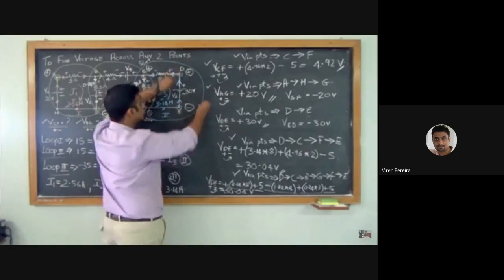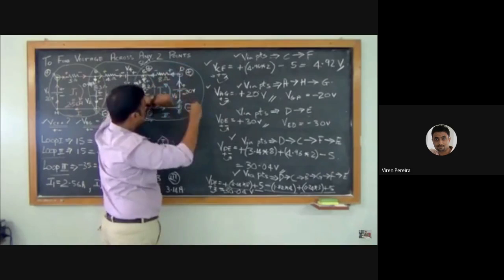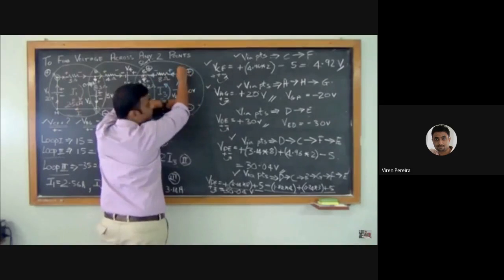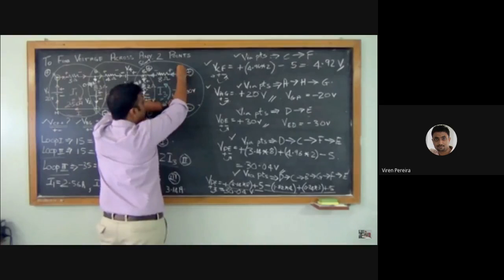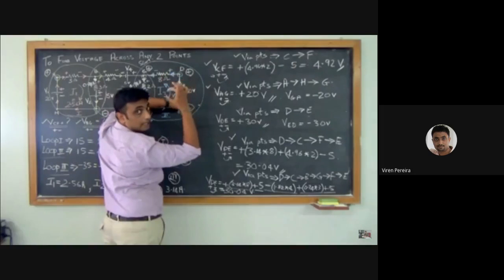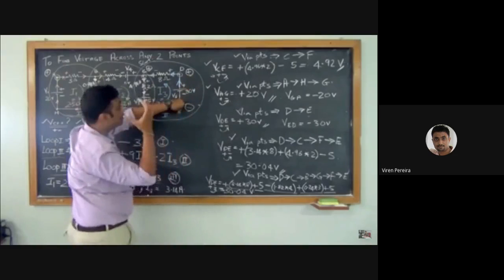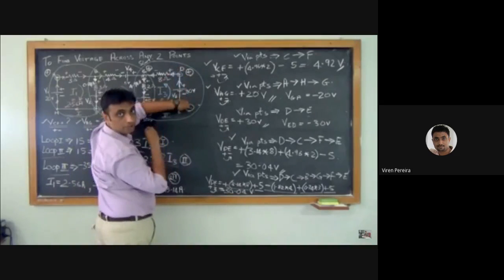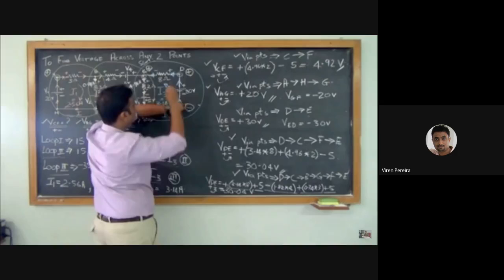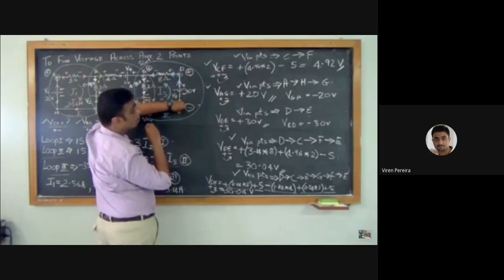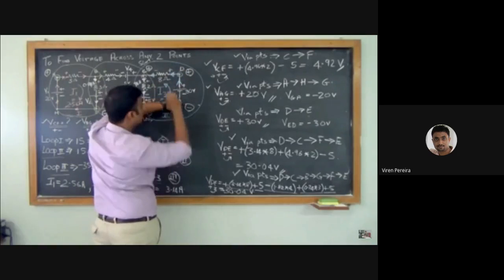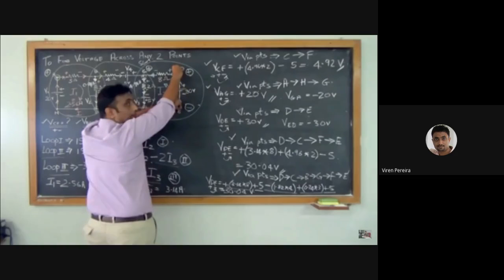But if I interchange my terminals and connect my positive here and negative here, then what will happen on my multimeter display or on my voltmeter? I will get minus 30 volts, because this is my positive terminal and this is my negative terminal of my multimeter.